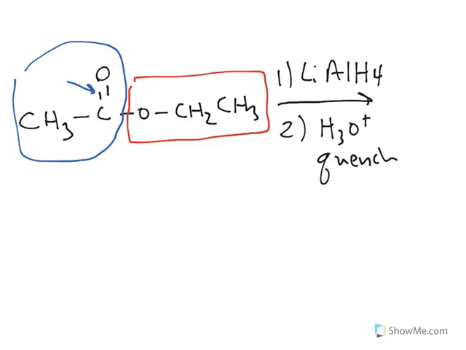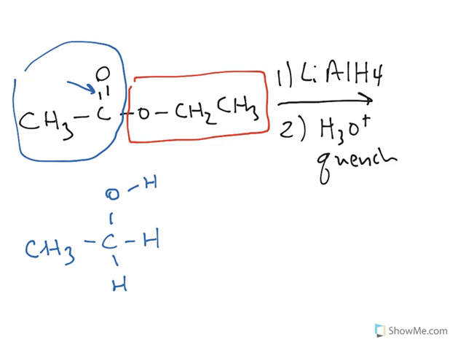So the blue hemisphere is going to be what? CH3, C. Now it's not a double bond to oxygen anymore. It's a single bond to oxygen that gets protonated in the acid step. So what's the rest of the stuff on the carbon? Well, you added hydrogen. So the other stuff you added was hydrogen.